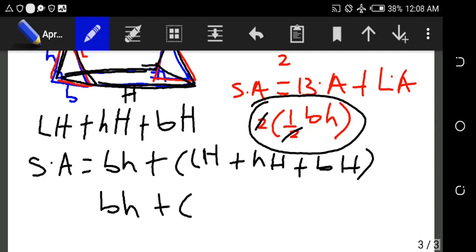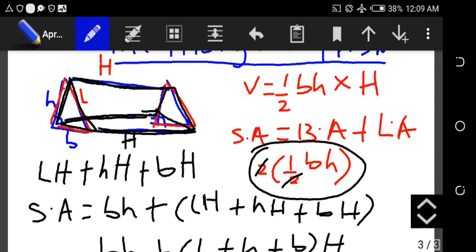So what we have here is L plus h plus B in bracket, then you have the capital letter H outside. Now this bracket can be said to be the perimeter, L plus h plus the base, multiplied by the height. Alright, so that's that for your triangular prism.